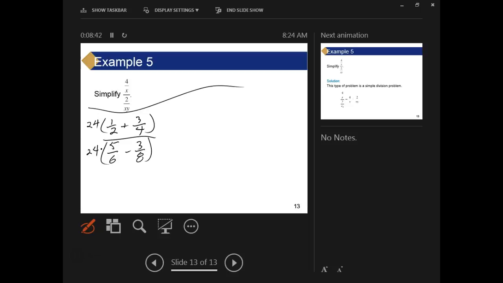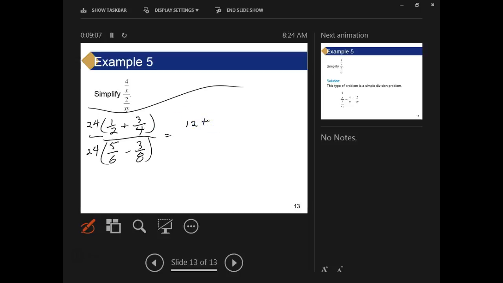And of course, why can we do that? Because 24 over 24 is 1. And you don't change the value, you just change how it looks. Okay? Now, at this point, we're going to distribute, is one way you can look at it. 24 times 1/2 is what? 12.